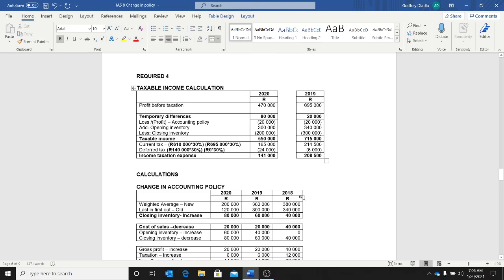But then in relation to required 4, you'll see that not everything here is supposed to look like that. I'm just trying to put it the way it was, how it was happening here. I'm hoping now I'm in the right space. No, because that will be 3 minus this one. That gives me something else. So let's just do this.